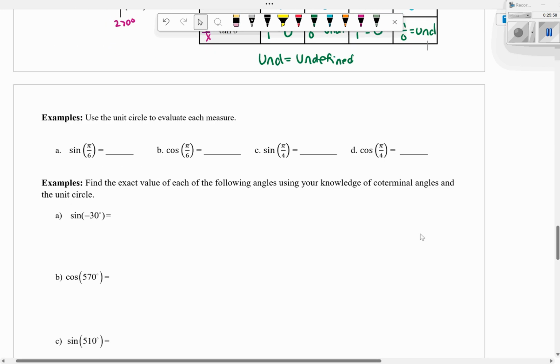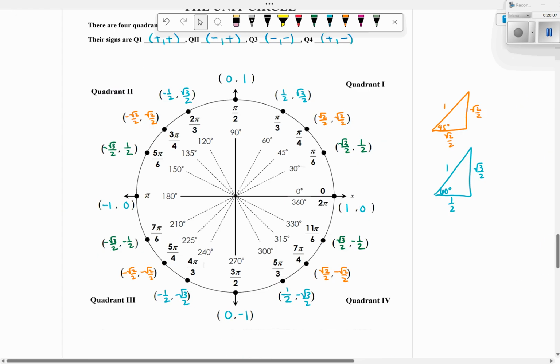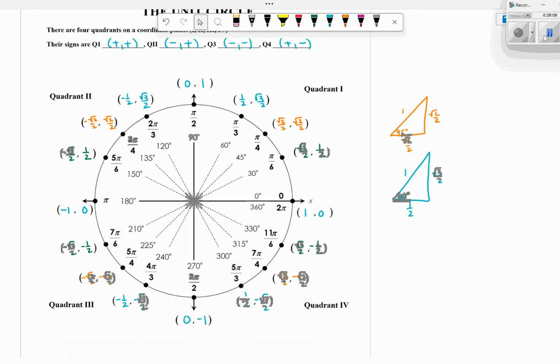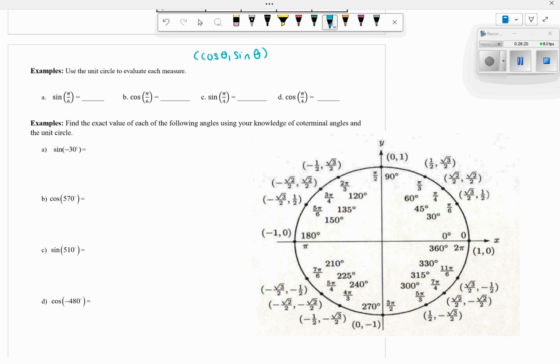The next one says, use the unit circle to evaluate each measure. So we're going to be thinking about our unit circle values to help us, so you can have your unit circle in front of you as we go through this. I've copied and pasted a unit circle here for us to see. Again, it's good to remember that it's always cosine theta comma sine theta for each of the points on our unit circle.